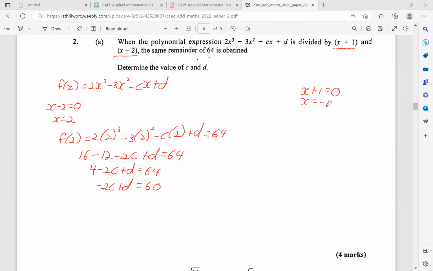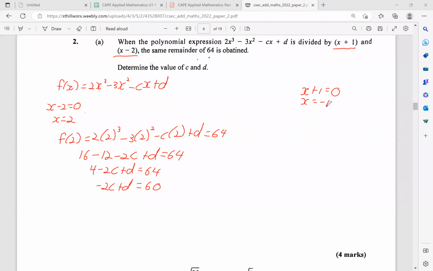Now, just note, a factor has a remainder 0, right? So we'll get minus 2 minus 3 plus c plus d equal to 64, minus 5 plus c plus d is 64, c plus d is 69.